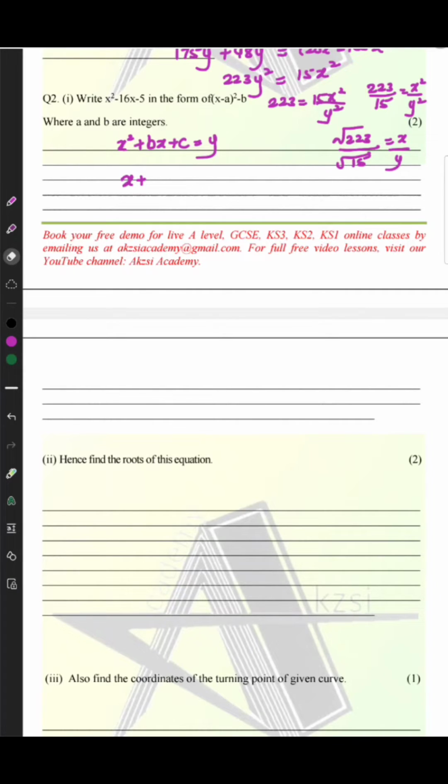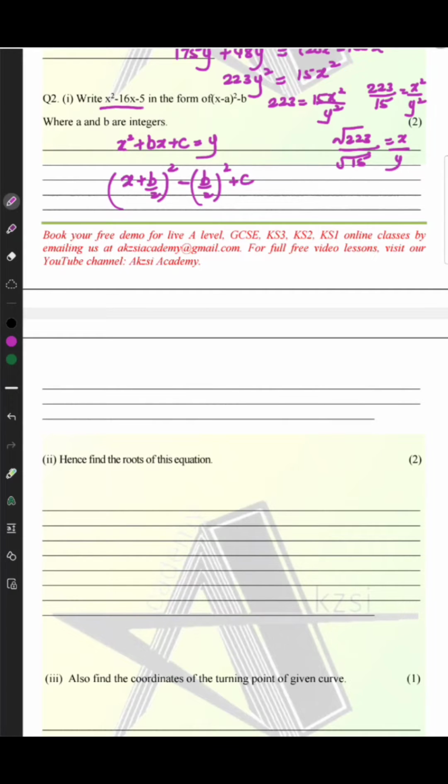There are 2 ways, when a is 1 and when a is not 1. When a is not 1, we have to take out a as common, because the coefficient of x squared should be 1 in order to apply the method. So that will become (x plus b by 2) whole squared minus (b by 2) whole squared plus c.